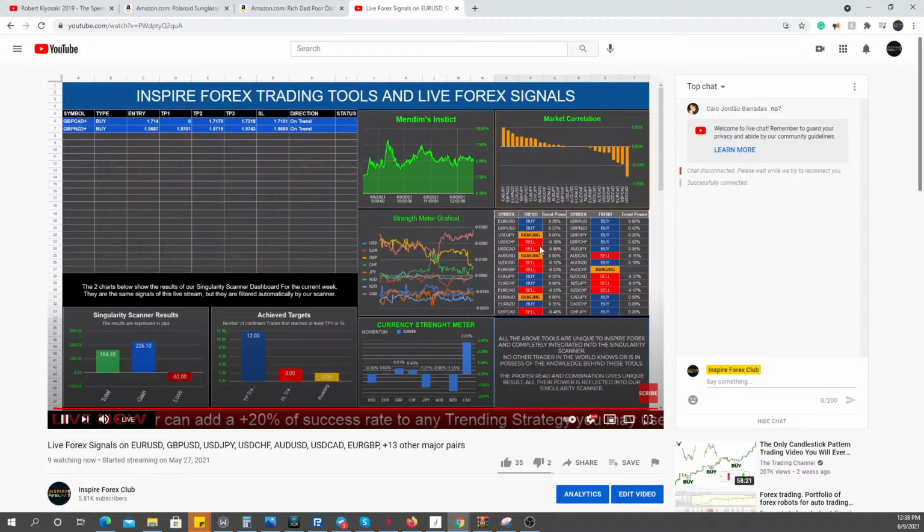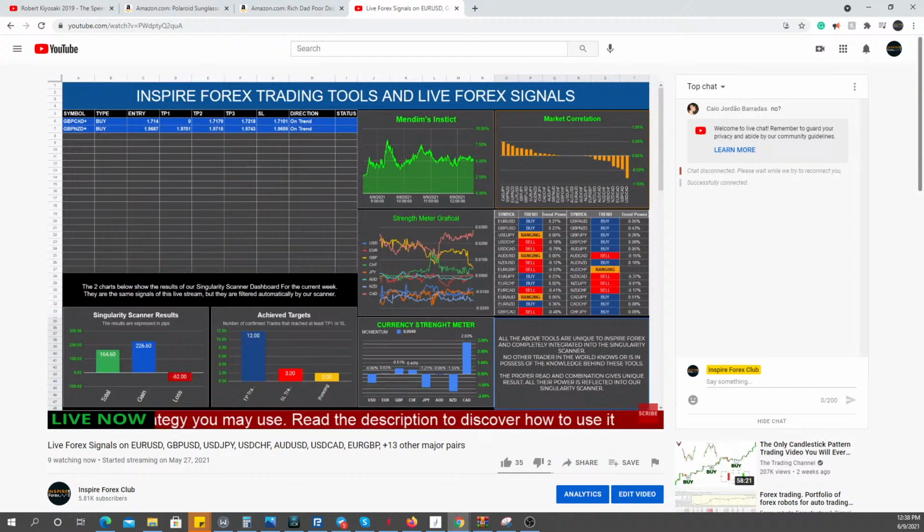Now, as you see, this trend table doesn't report only bullish and bearish trends, it also reports ranging trends. And let me tell you, this is something that absolutely nobody in the whole world has. You don't have any dashboard that tells you that a trend is ranging.